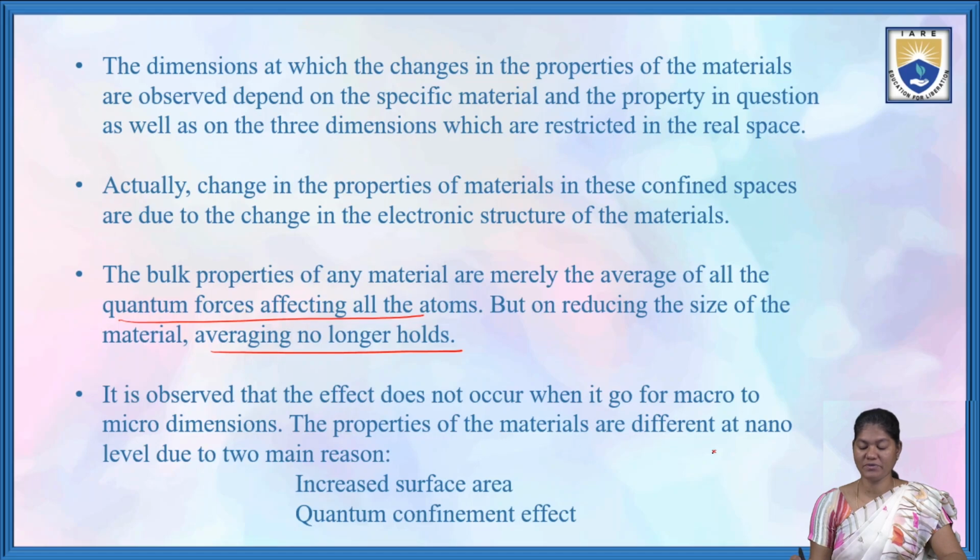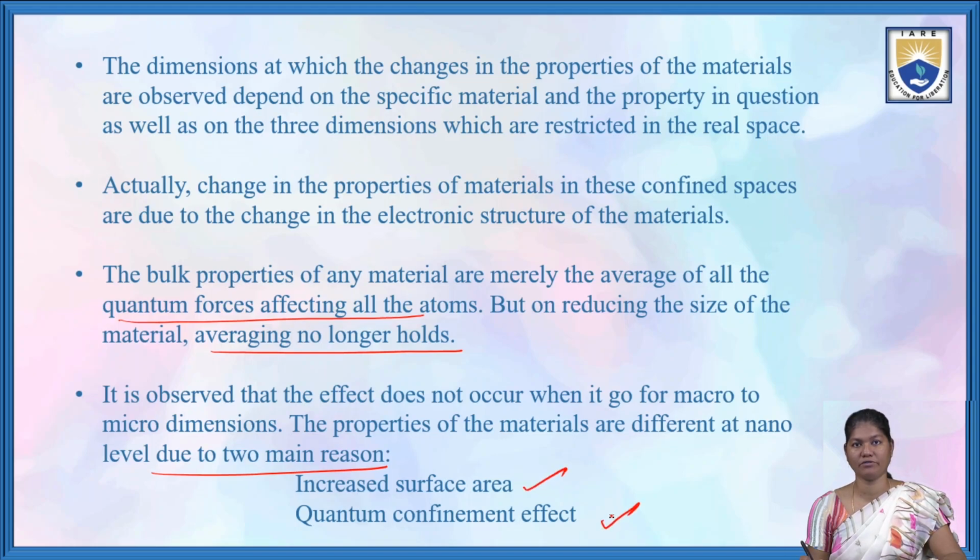The properties of materials are different at the nano level due to mainly two reasons: increased surface area and quantum confinement.